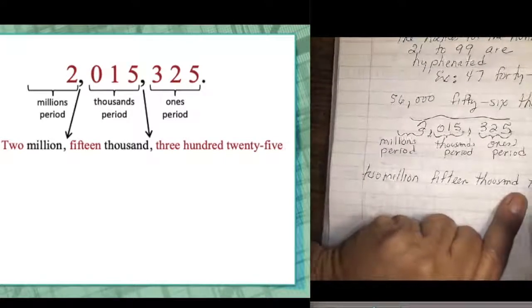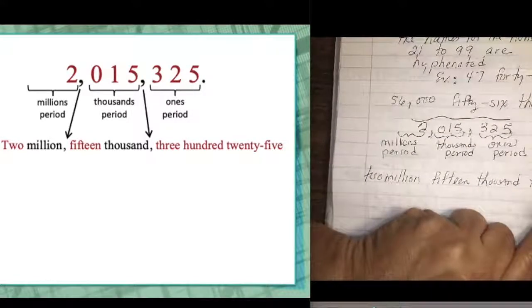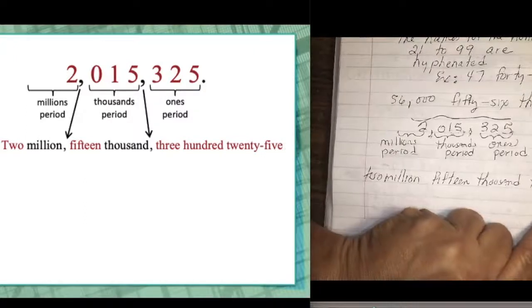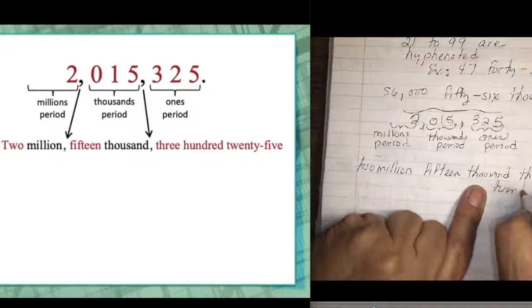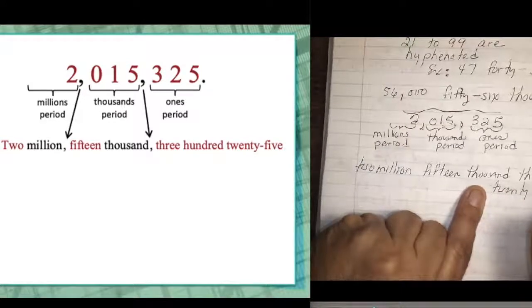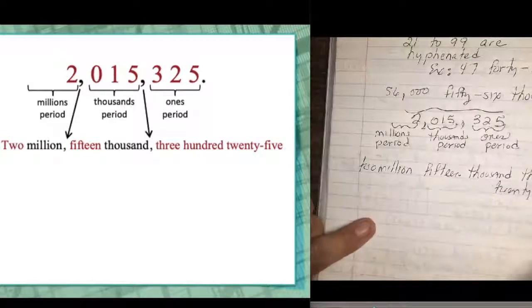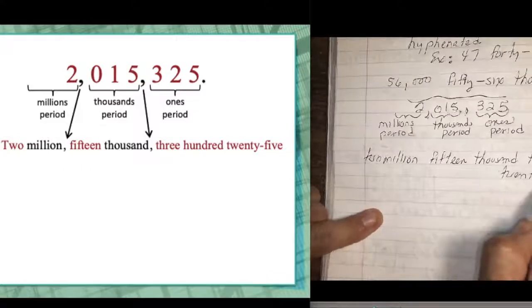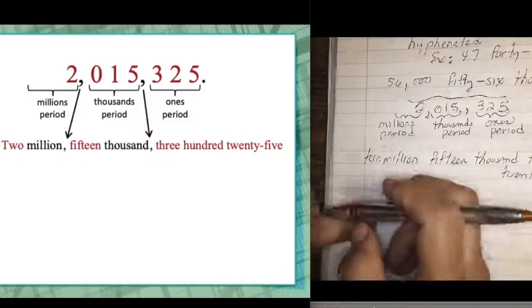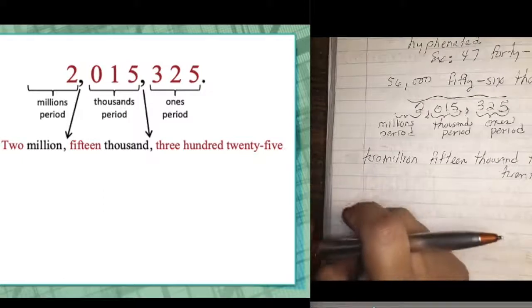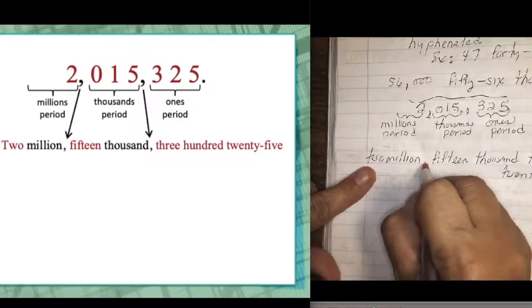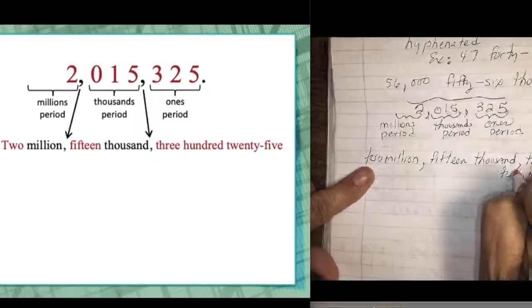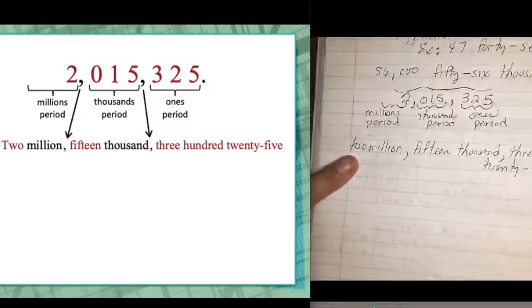Now the 25 must have a hyphen. Remember, points will be deducted if you don't include the hyphen and if you misspell a word. So be very careful there. 2 million, because I should put my comma here. 2,015,325.